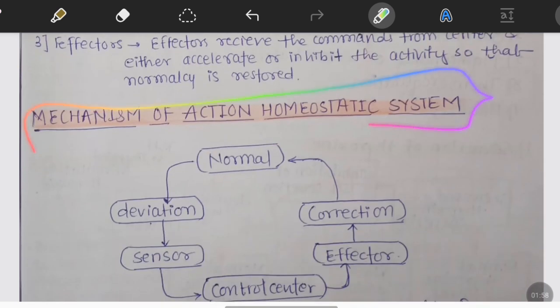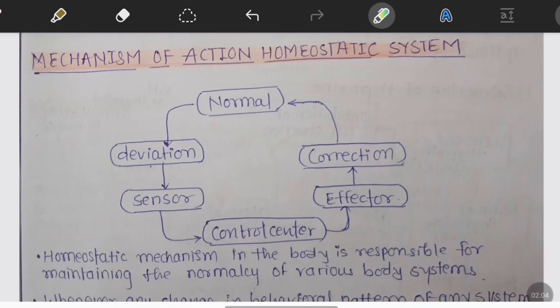Next, the mechanism of action of the homeostatic system. How does it occur? Let's see. Some deviation occurs, for example high temperature in our body or low blood glucose, or any deviation in the internal environment.